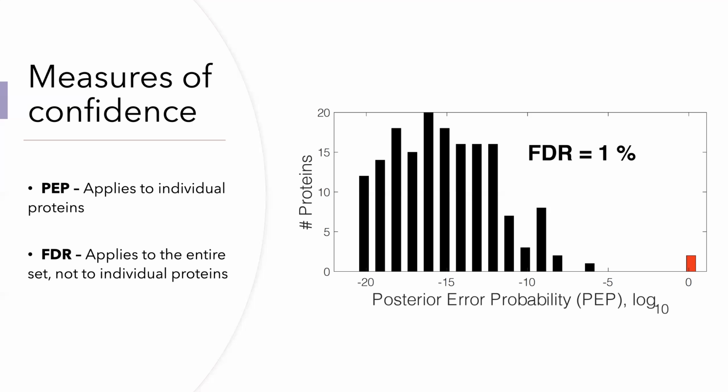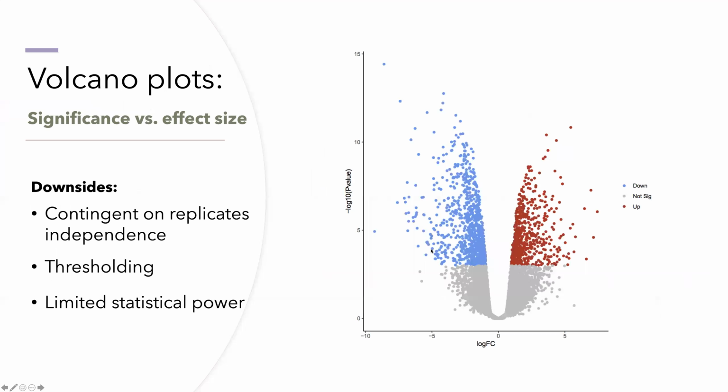And the same can apply even if you have 0.1% or 0.001%, you can still have within a large set of proteins, a few proteins that are not differentially abundant. And therefore, if the interest is in a particular protein, one should not use the false discovery rate of the entire set as a confidence measure for that protein. An important caveat to be aware of.